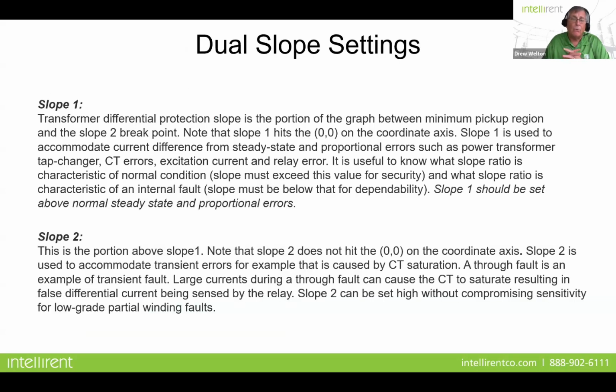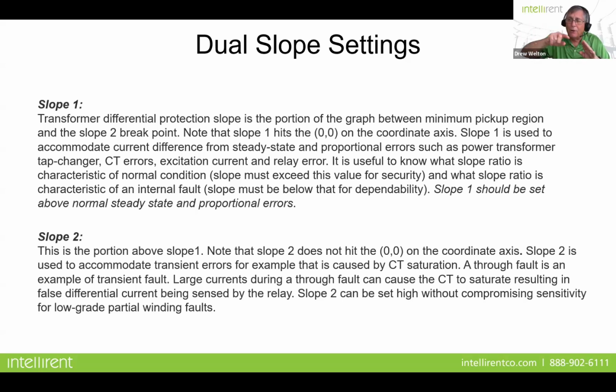relays. Now, each of the relays uses a dual slope setting, and we do a dual slope setting for a number of purposes. Back in the electromechanical days, a BDD from GE had a set slope setting. It had either 15, 25%, or I think 60%, and it didn't have the ability to put in a separate slope. The HU from ABB had a dual slope characteristic, but it looked like a big swoop.